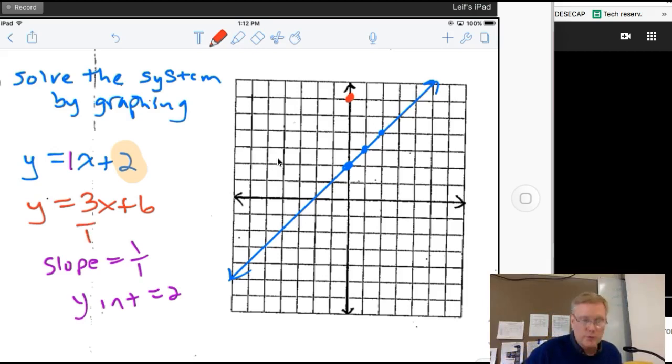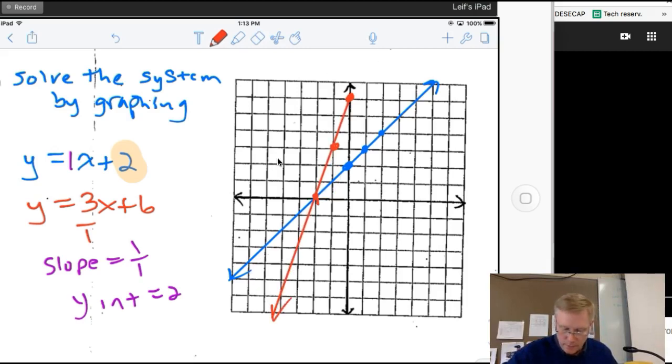Remember, this could be a slope of 3 over 1, down 3 over 1, down 3 over 1, 2, 4, 6. And so on and so on. So that's where I am. And now I'm going to make that line.